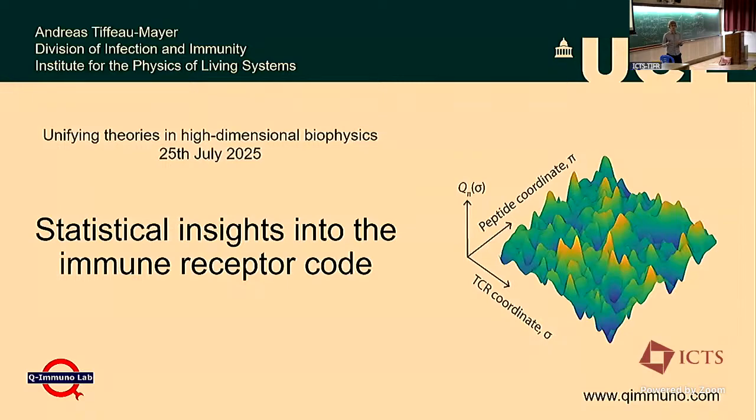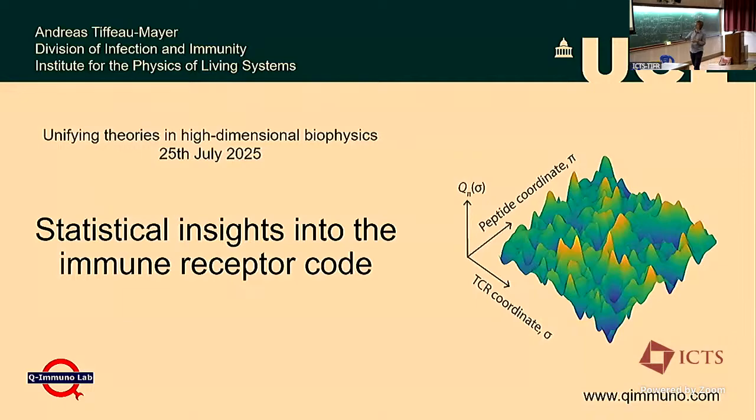There's now quite a bit of data, both longitudinal and across different individuals, on immune repertoire statistics, where many of the same questions that we heard about in microbial ecology are also beginning to be addressable. So today what I'll share with you is more the protein evolution aspect of what we're doing in immunology, and I'll try to give you some statistical insights into the immune receptor code, and I'll explain a little bit what I mean by that.